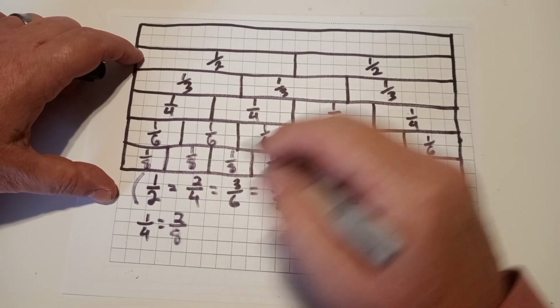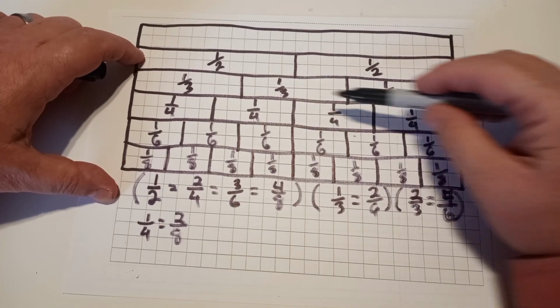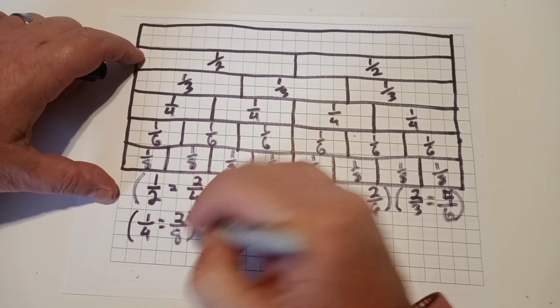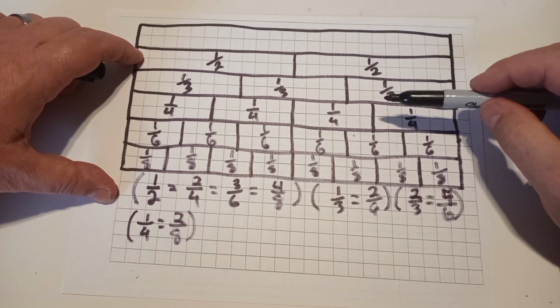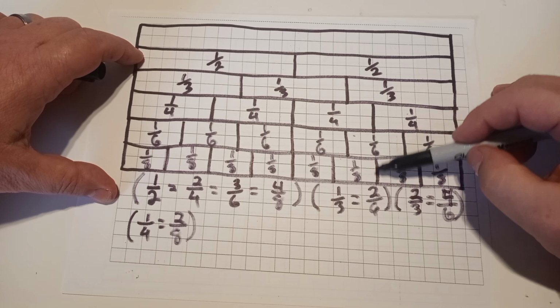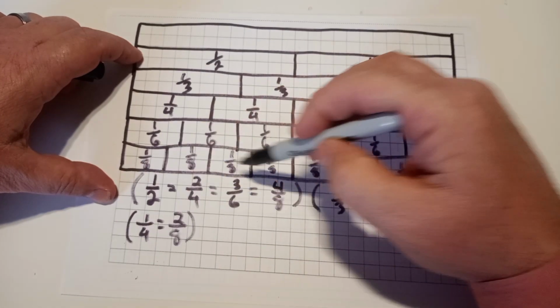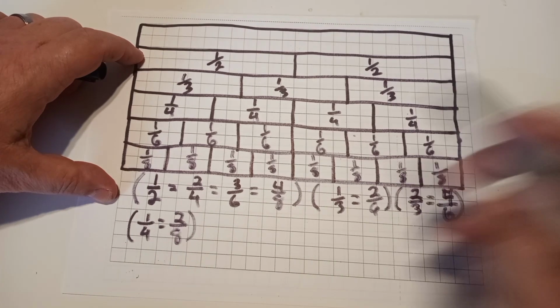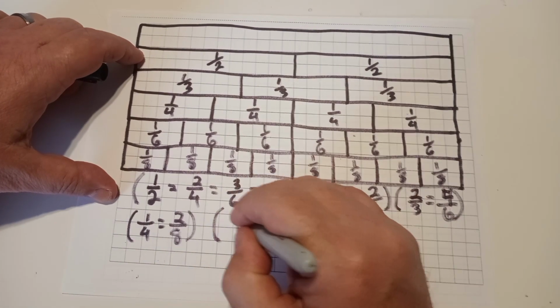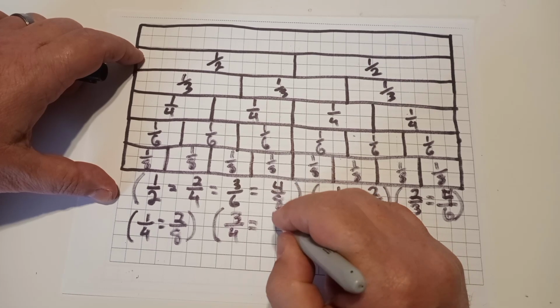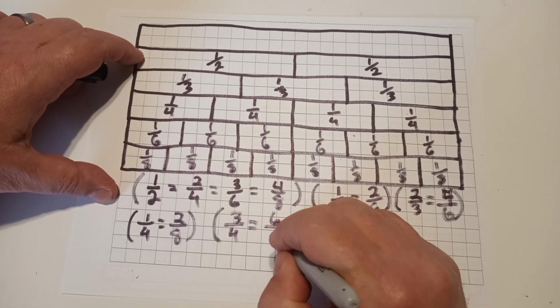Then 3/4. We'll follow 3/4 down. It looks like 3/4 lines up with the eighths right there, and that's 6/8. So 3/4 is equal to 6/8.